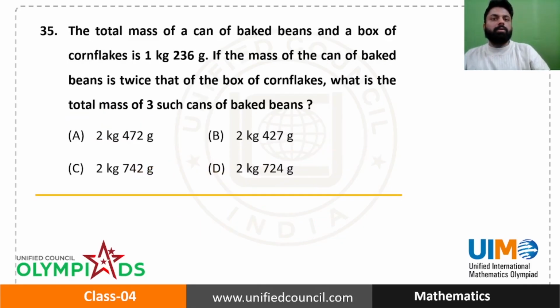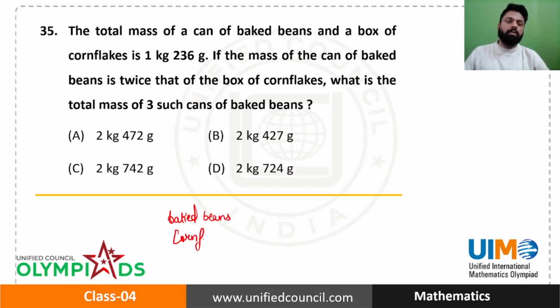Moving ahead, the total mass of a can of baked beans and a box of cornflakes is 1 kilogram 236 grams. If the mass of the can of baked beans is twice that of cornflakes, baked beans and cornflakes. If this is x, so this is 2x.